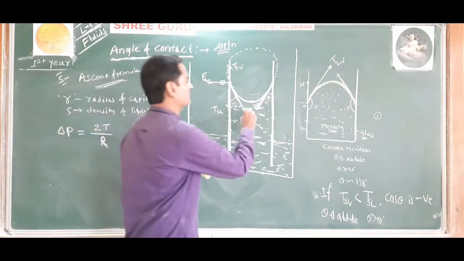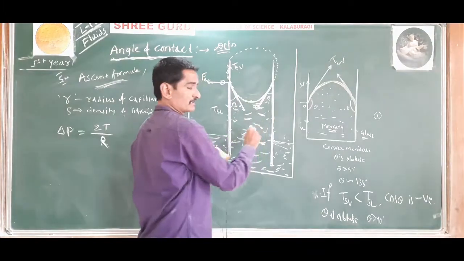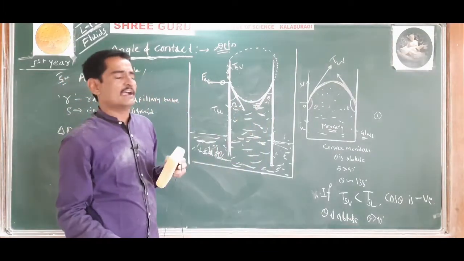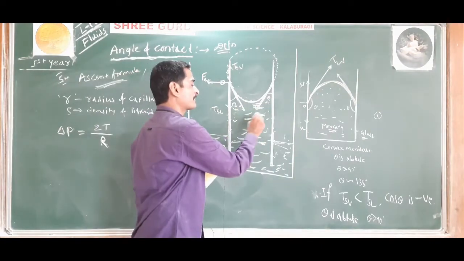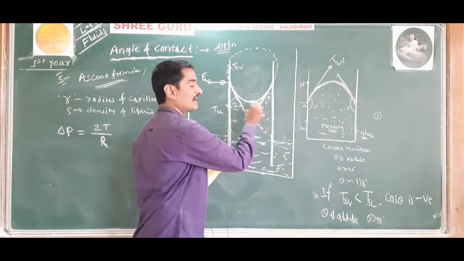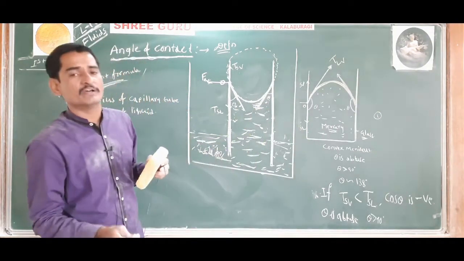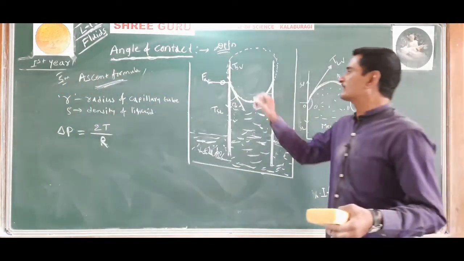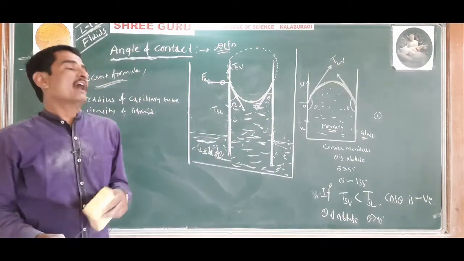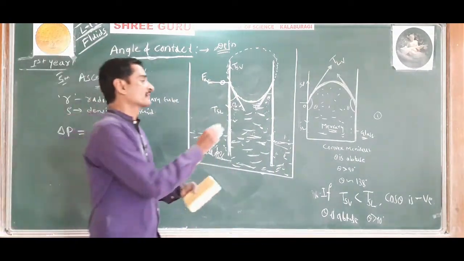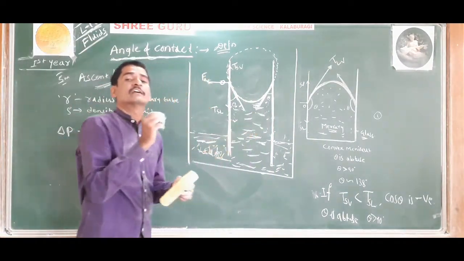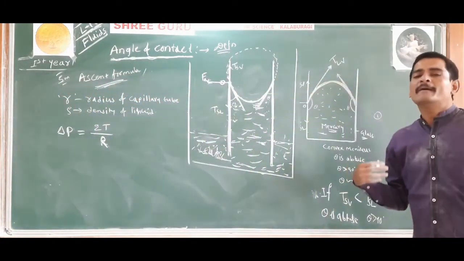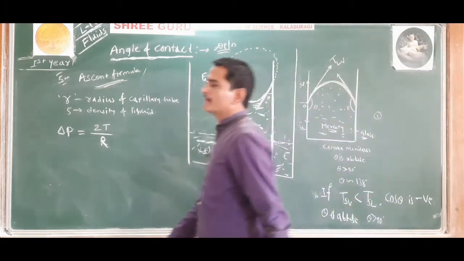As the liquid level rises, the hydrostatic pressure rises. Up to what height? It will rise up to a height where the hydrostatic pressure inside the glass tube will balance the excess of pressure.